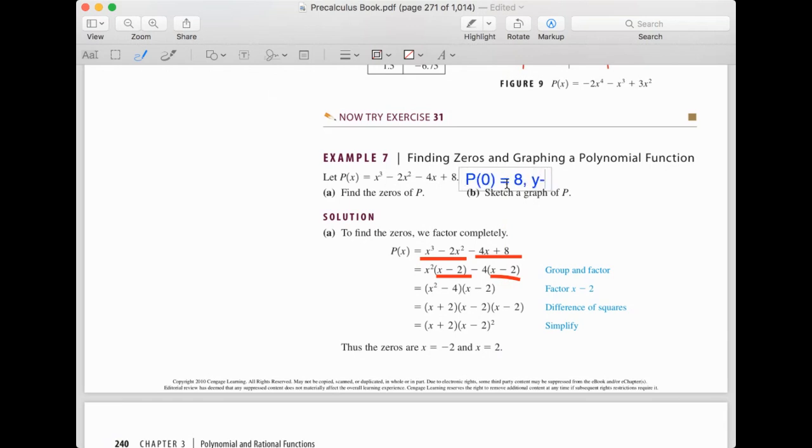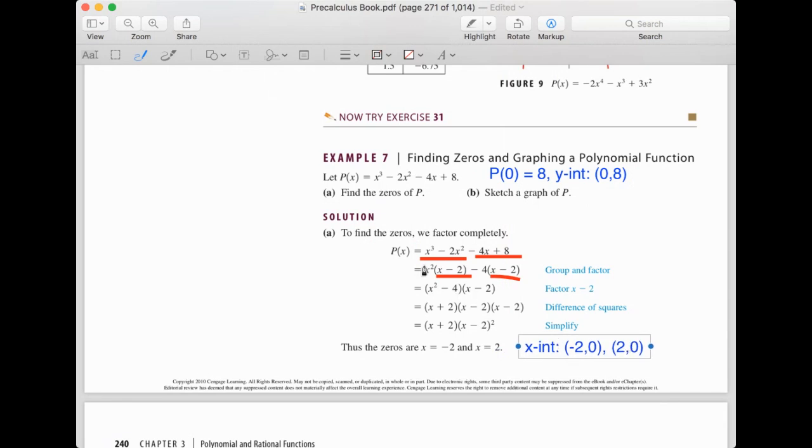Our y-intercept is 0, 8. And we have 2 x-intercepts. So the roots give us x-intercepts, -2, 0, and 2, 0.